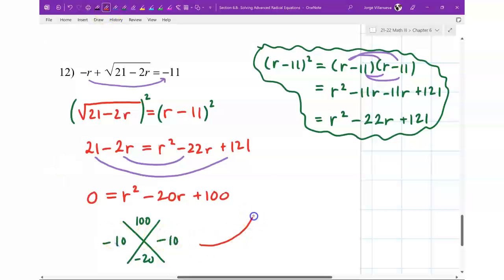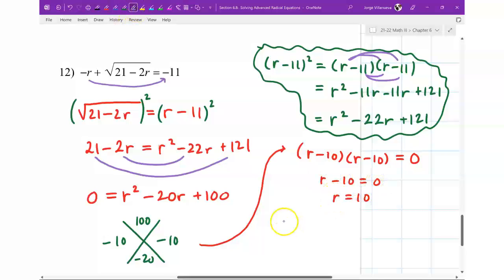So here we go. This is going to be r minus 10 times r minus 10 equal to 0. I don't have to solve for both of them because they're both identical, right? So just solve for one. r minus 10 equals 0. r is 10. So, check step.